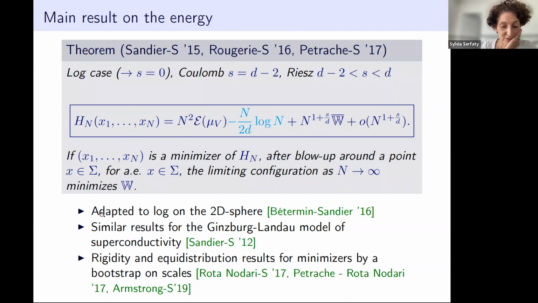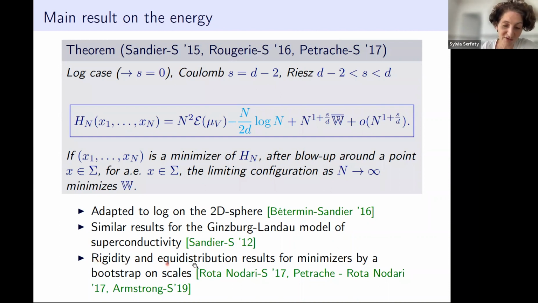Okay, so Bétermin and Sandier adapted this to the 2D sphere. So this provides finally the next order coefficient for the expansion of the minimal logarithmic energy on the sphere that had been a sort of conjecture for a while. We proved similar results for the Ginzburg-Landau model, which relates to this Abrikosov lattice.